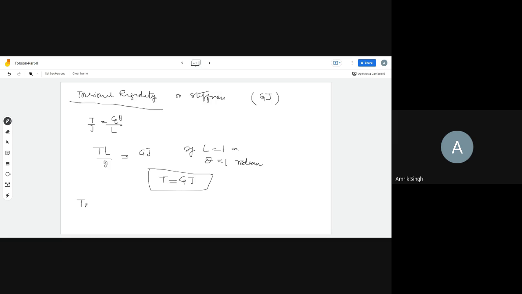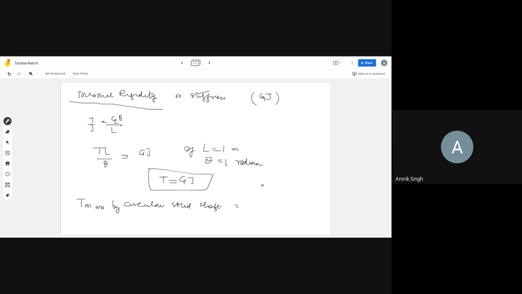Now, the maximum torque for a circular solid shaft. This is equal to pi by 16, from here you can calculate.